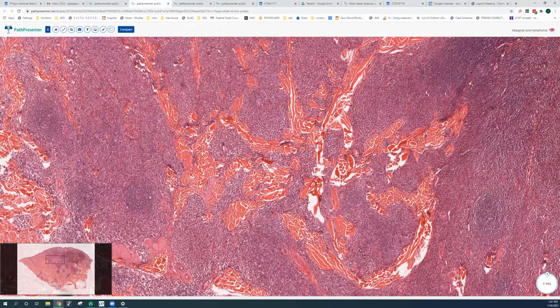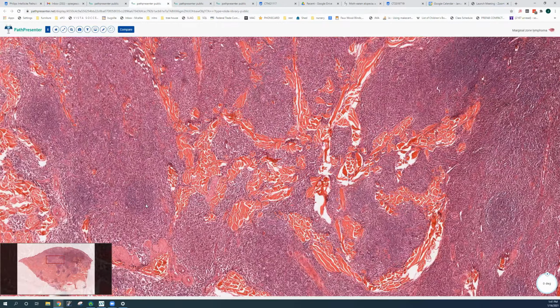They look a little different than the pale pink germinal centers that we saw in the last example. They're a little bit bluer, and this is from follicular colonization of the follicles by the neoplastic B cells.